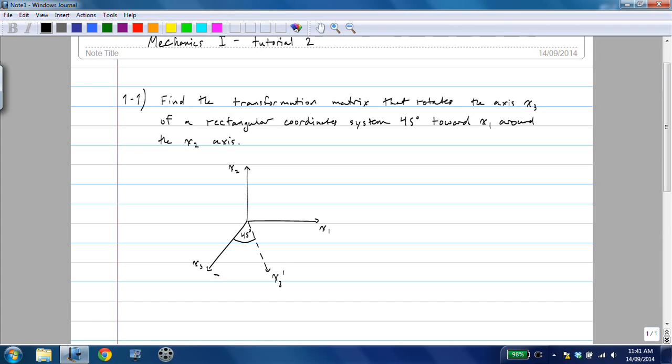You can see that we've moved toward x1, and we're also lying in the x1, x3 plane. This vector here is orthogonal to x2 because we're rotating around it. But when we do this, of course, x1 will be affected because we still want to keep our coordinate system rectangular. So this vector will also lie x1 prime. This will also be 45 degrees to keep our coordinate system rectangular. And yeah, that's about it.